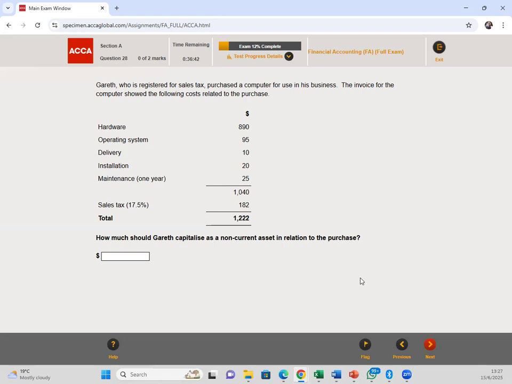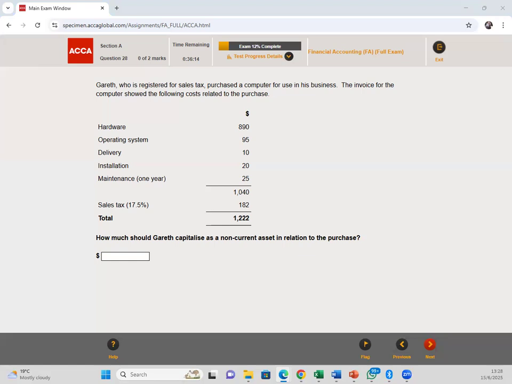So the question then is, how much should we treat as the value of our non-current assets? Since we are a registered taxpayer, they don't suffer the sales tax because this one is for use in the business. Oh, it's a tricky one. It's again for use in the business. So they purchase this so that they can use it in the business.